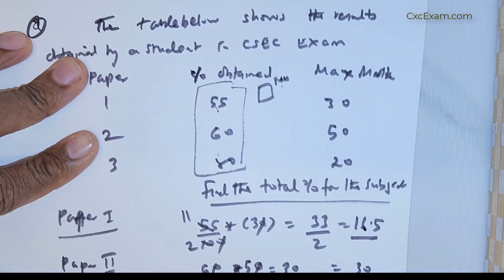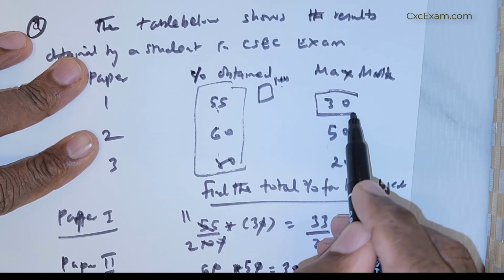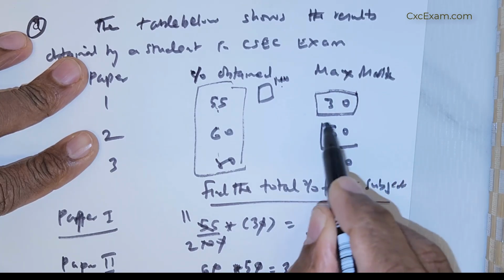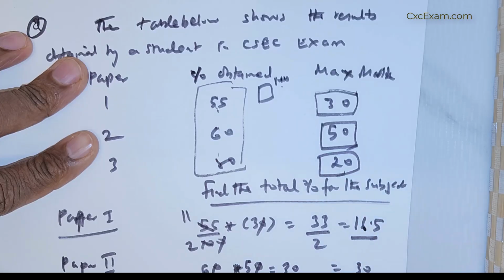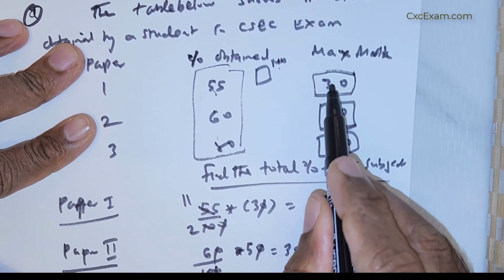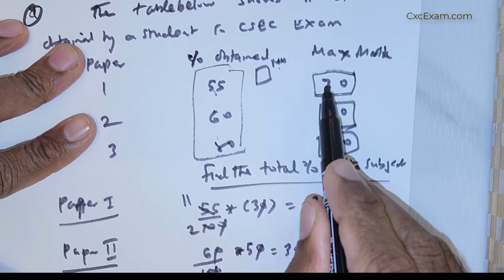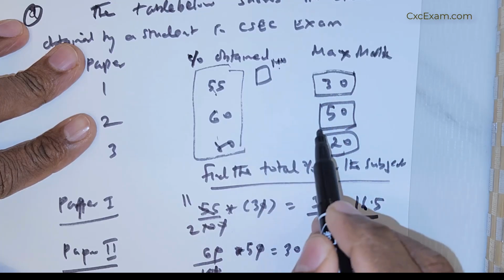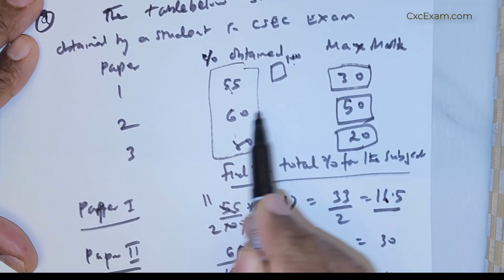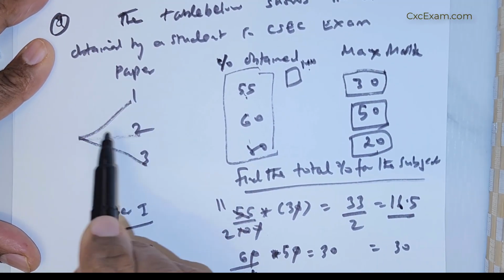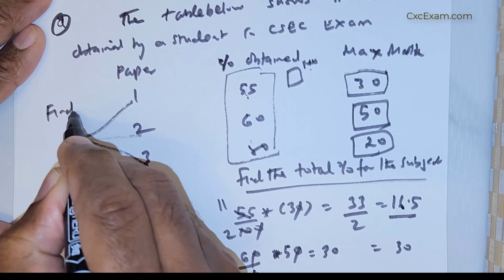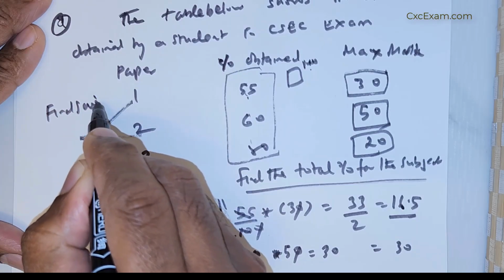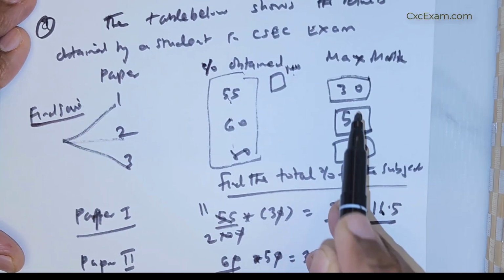Okay, but this is the portion that we are considering. Okay, so these can be considered as the parts that we are taking out that would contribute towards the final score. Final score in math paper, right?